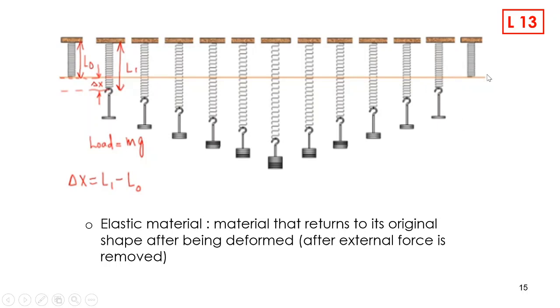So you can see that at the last stage of this figure, the spring is able to return to its original length, which is L0. So this is what we meant by elastic material. After we remove the external force from the end of the spring, it returns to its original length.